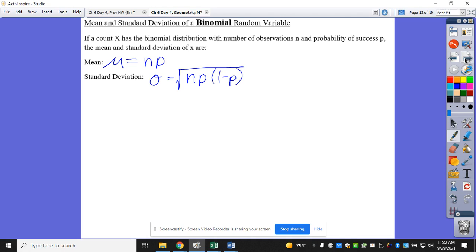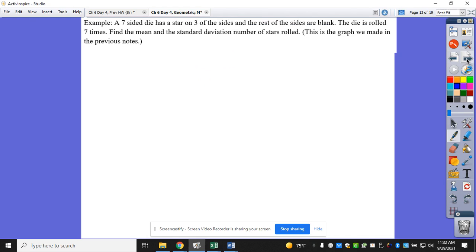So back to the graph that we've been talking about, the one from yesterday, which we already know the answer of what the mean is. What was our n from that problem? The 7-sided alpha star. Yesterday, how many times did I roll that die? 7 times.